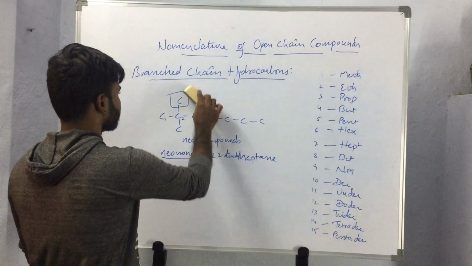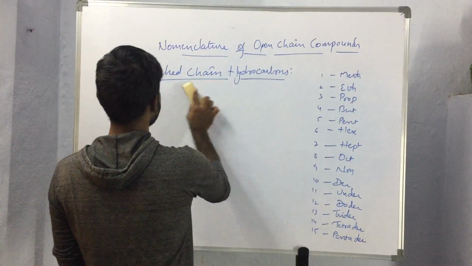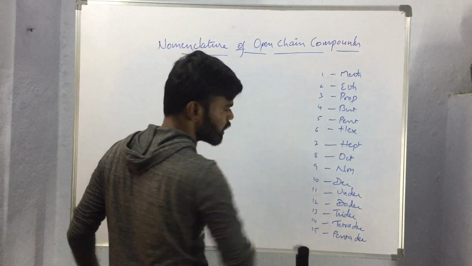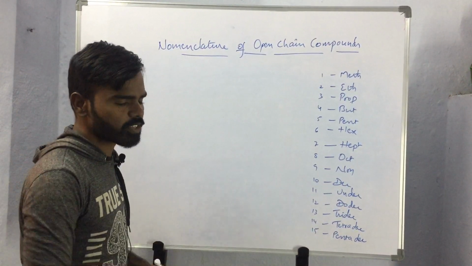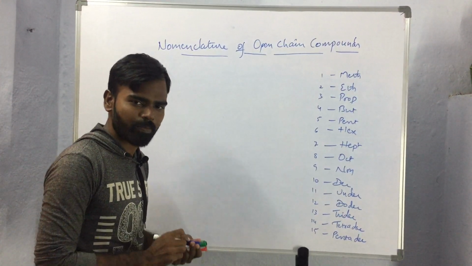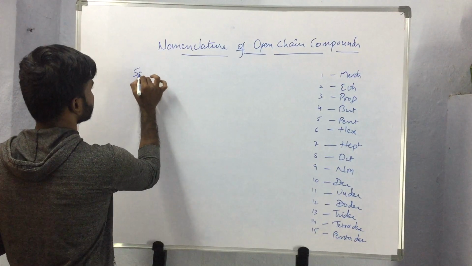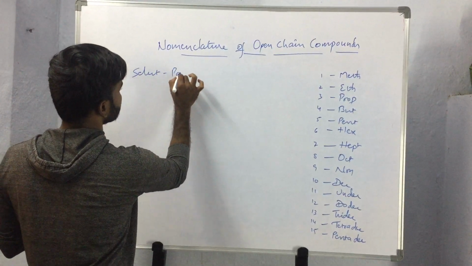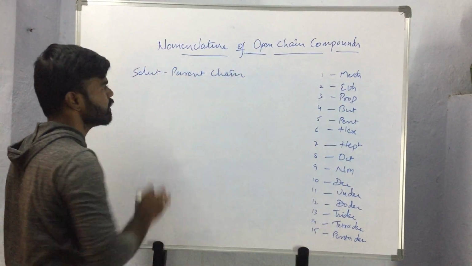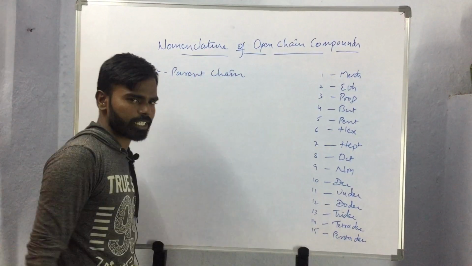So here, with this, we have completed the nomenclature of open chain compounds. If we summarize the points we have discussed in the nomenclature of open chain compounds, first we have to select the parent chain.